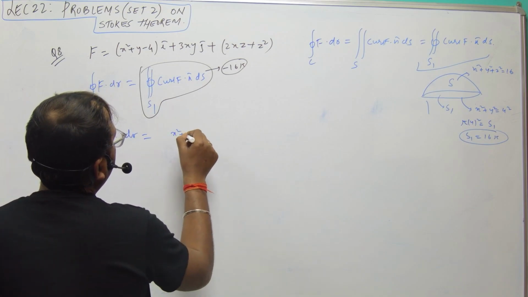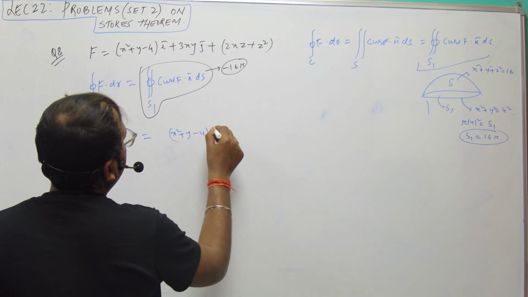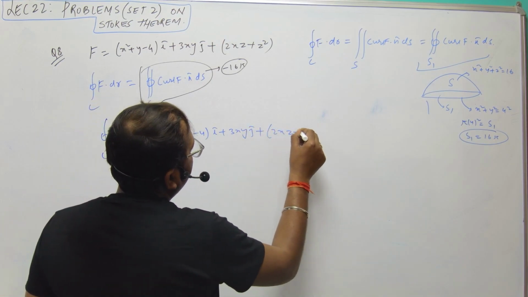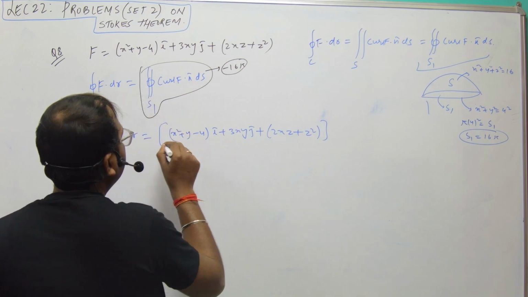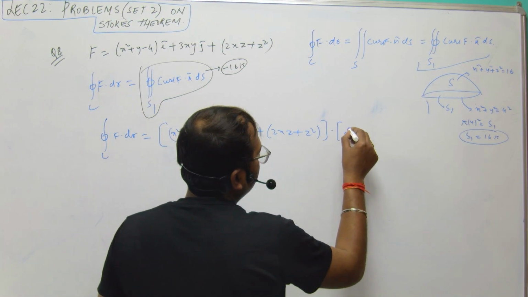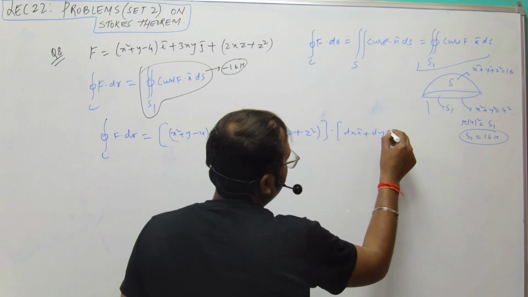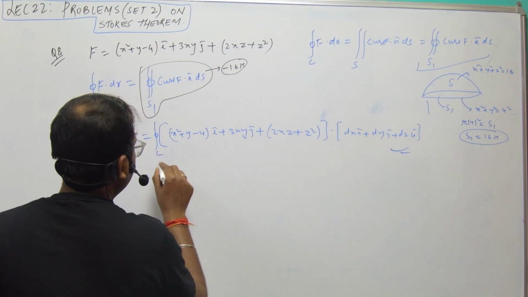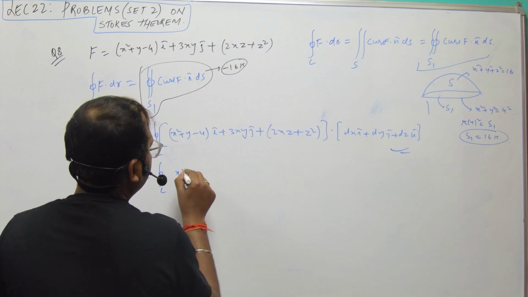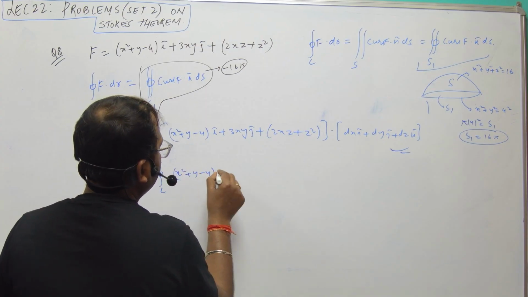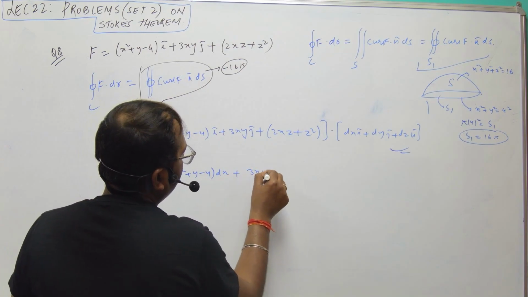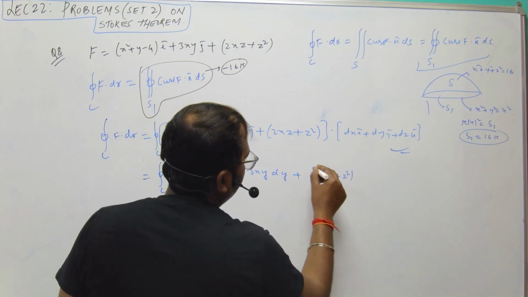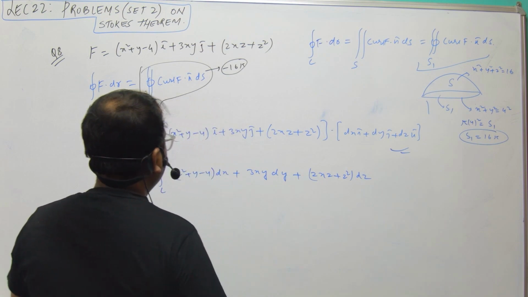This is x square plus y minus 4 I cap plus 3xy j cap plus 2xz plus z square into dr. The value of dr is dx I cap plus dy j cap plus dz k cap. Let us further simplify this. So along the curve C, this is x square plus y minus 4 times of dx plus 3xy into dy plus 2xz plus z square into dz.